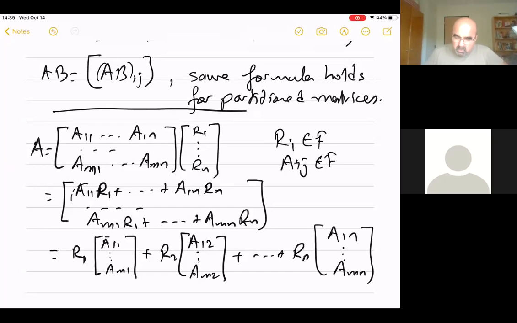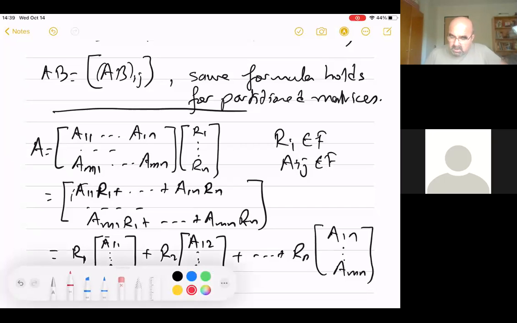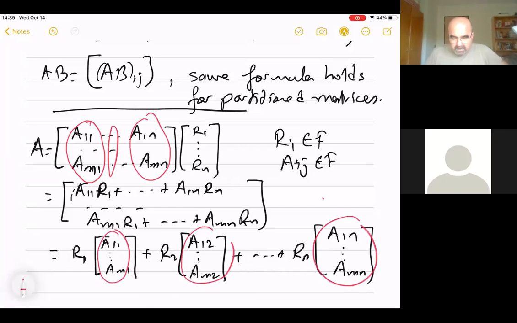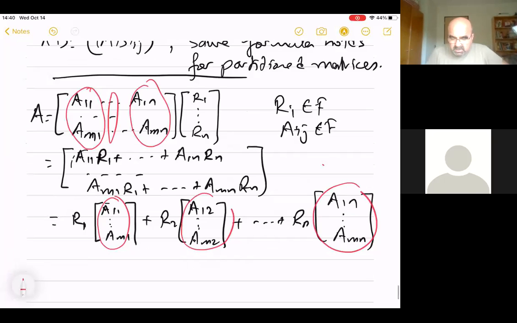Let me change this color first. This is the first column, the second column, etc. This is the last column. So we say that this product is a linear combination of these columns.